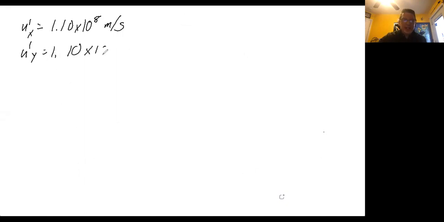So we know that u primed x is equal to 1.10 times 10 to the 8 meters per second. And u primed y is also equal to 1.10 times 10 to the 8 meters per second.